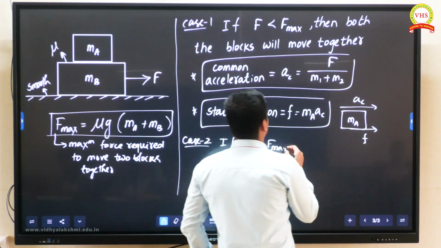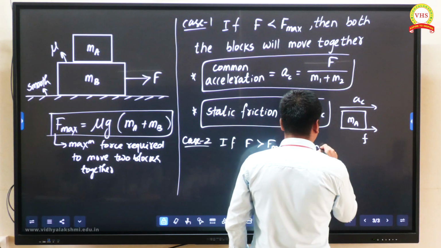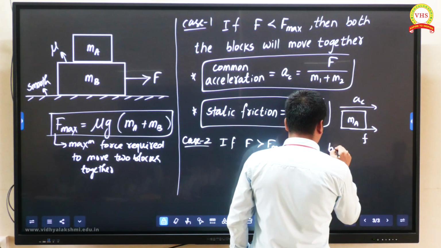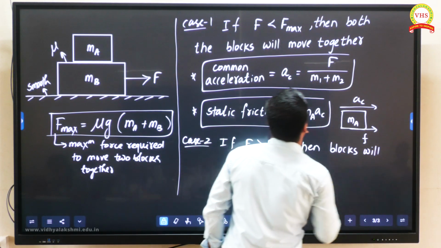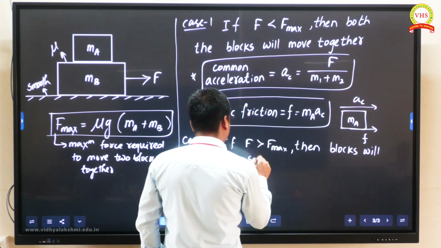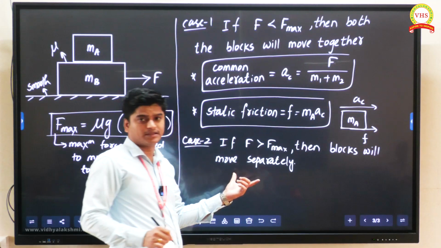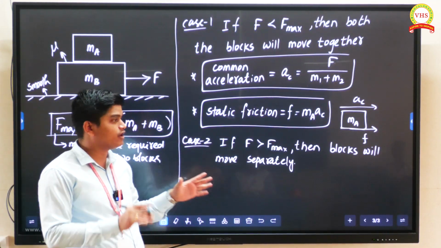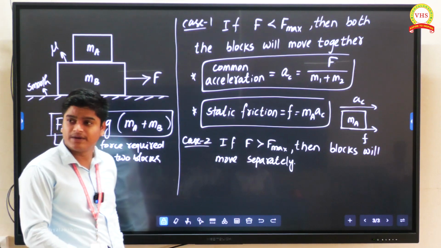So if F is greater than F max, then the objects or blocks will move separately. Yes or no? If they move separately, then they will have separate, different accelerations. So what will the different accelerations be?